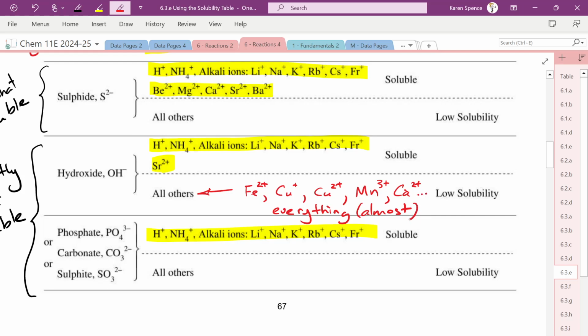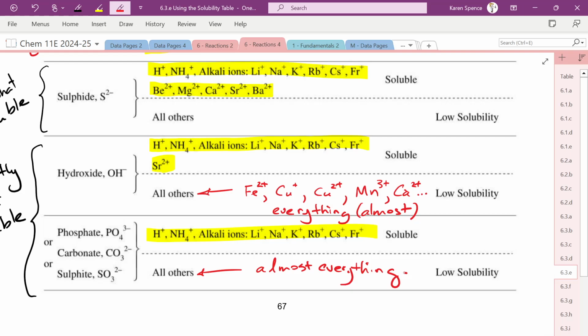Because there's only those very few that aren't. Again, all others, this is almost everything. So does that table make sense?